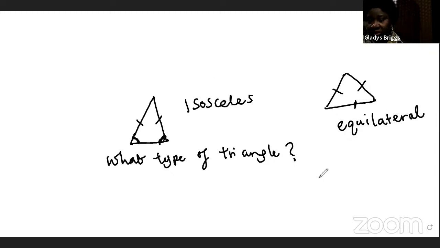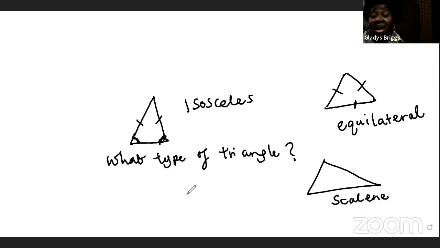What type of triangle is this one? Well done, Abdullah. Well done, Reem. So this one is a scalene, okay? Scalene triangle. And of course, this one is a giveaway now. What type of triangle is this one?